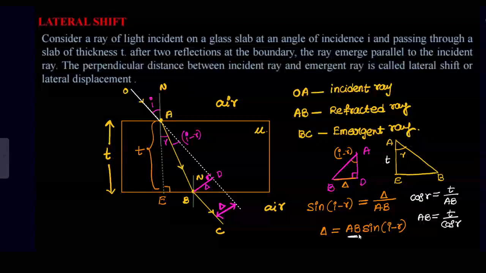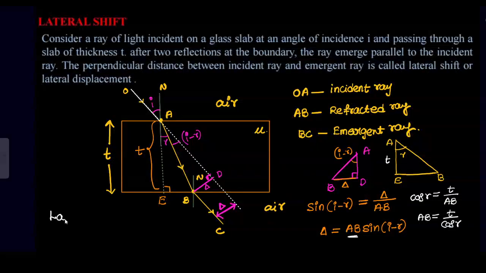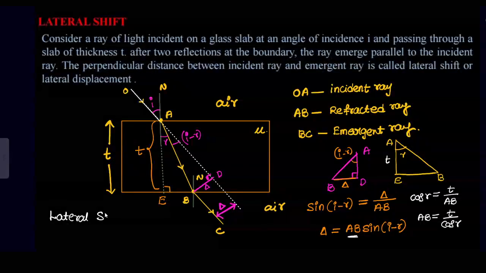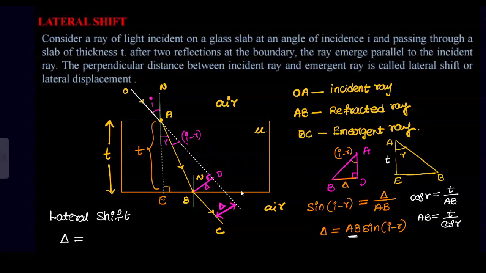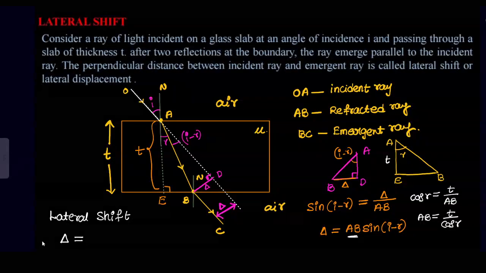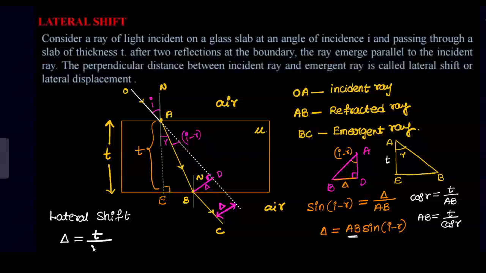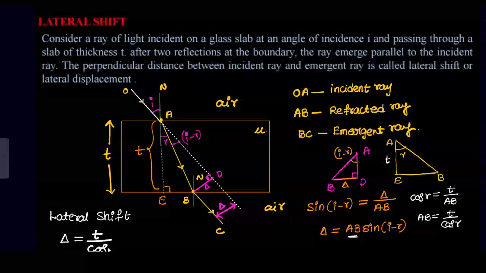Yes, AB value here. Then in place of AB, we can place t by cos r.